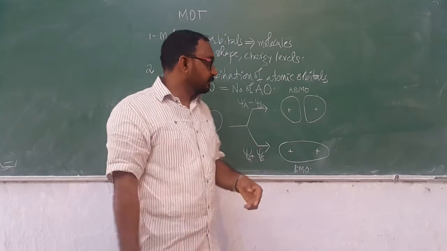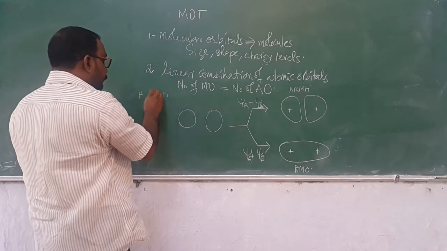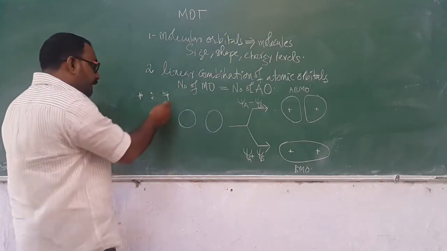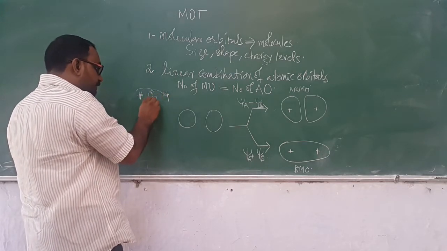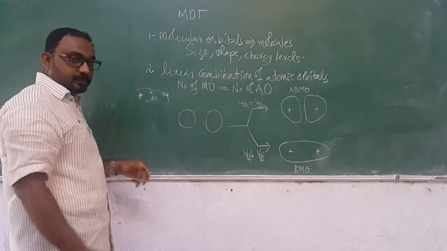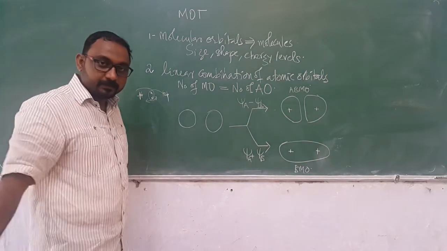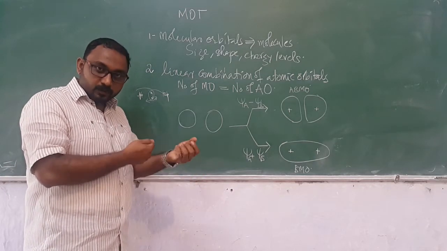If you ask what holds two hydrogen atoms together in a molecule, it is just like a tug of war. Take two hydrogen atoms: this is a nucleus and this is a nucleus, and two electrons are over here. This nucleus will be pulling this pair of electrons and this nucleus also will be pulling this pair of electrons. That's why these two nuclei are together, just like a tug of war, where both teams hold on to the same rope.